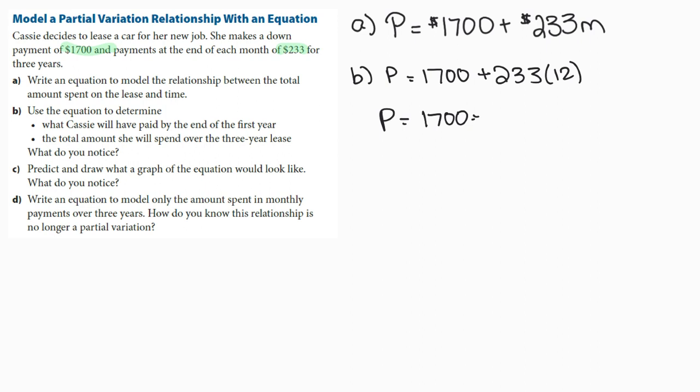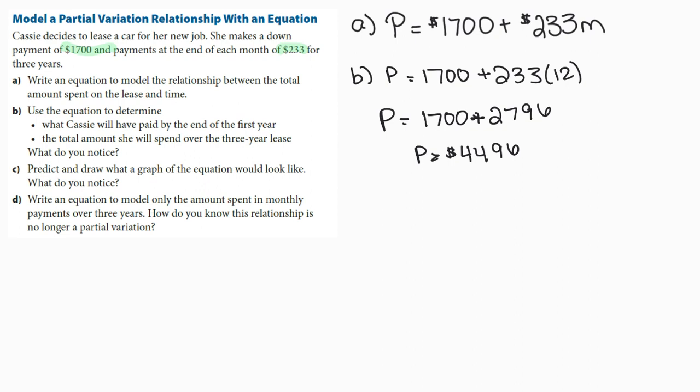And I get 2,796. And then I add the 1,700 onto it. 2,796 plus 1,700. And I get that at the end of 1 year, she would have paid $4,496.